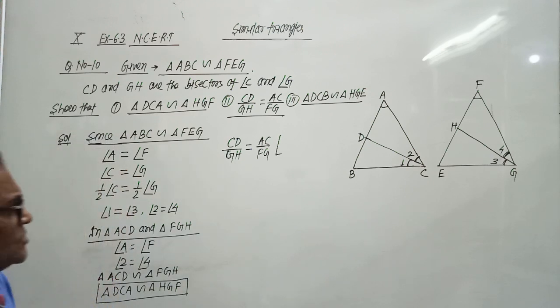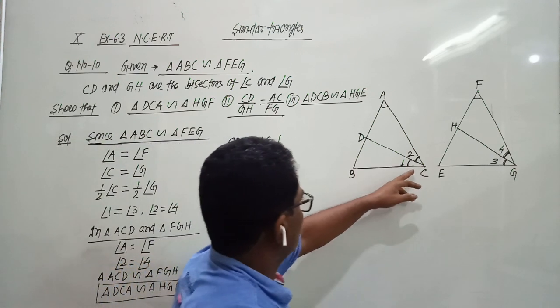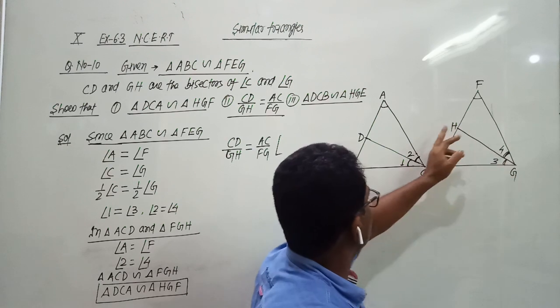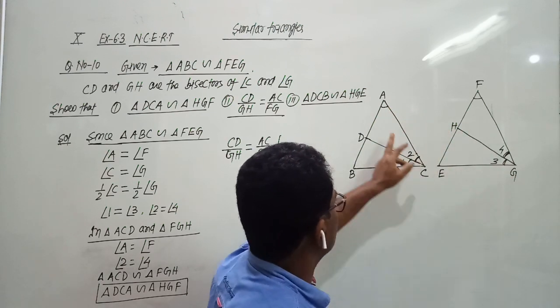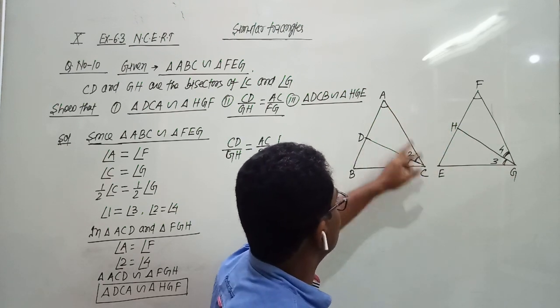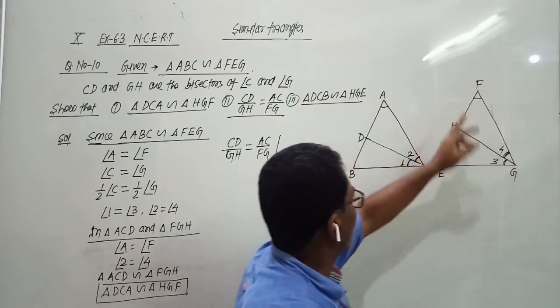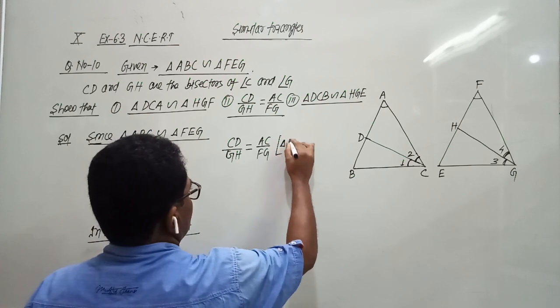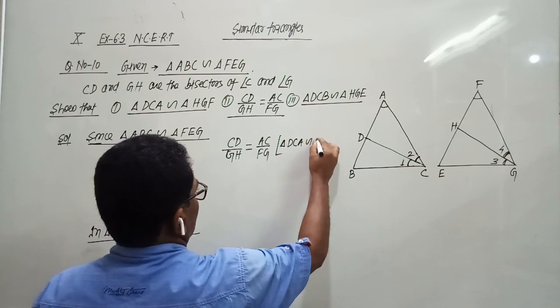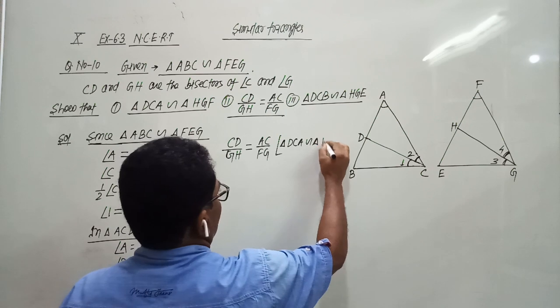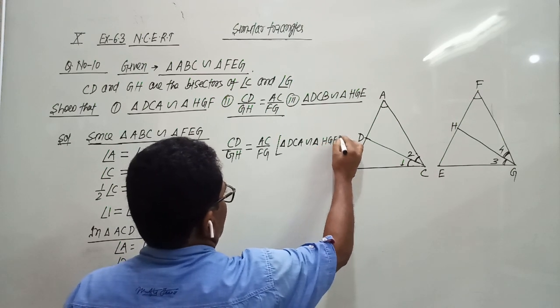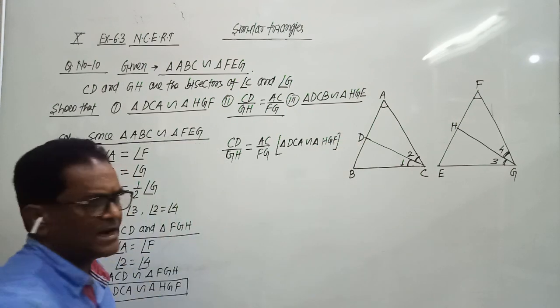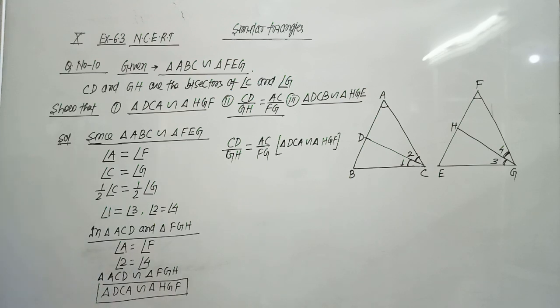So these two sides are in proportion, CD upon GH equals AC upon FG, because triangle DCA is similar to triangle HGF. And if triangles are similar, then their sides are in proportion. So this was the second part.